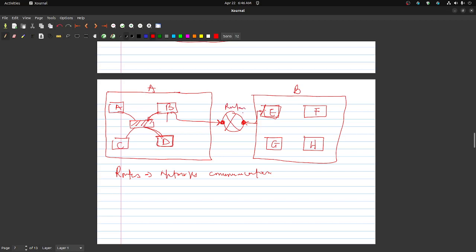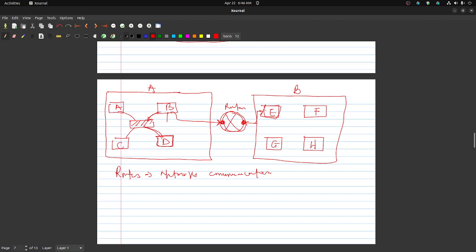That's where routers come in. Routers allow information to be sent from one network to another network. Like I said earlier, within the network, that is where a switch comes in. From a network to another network, that is where a router comes in.